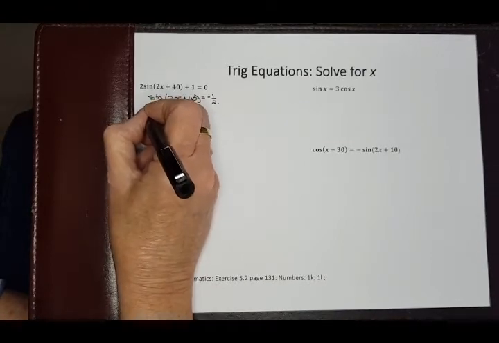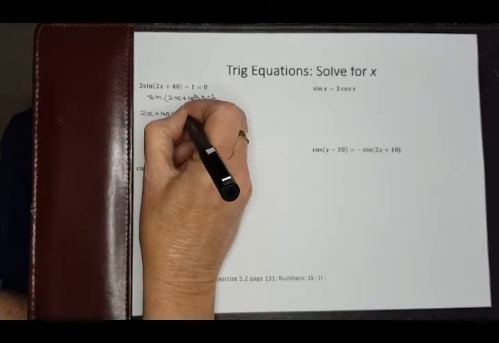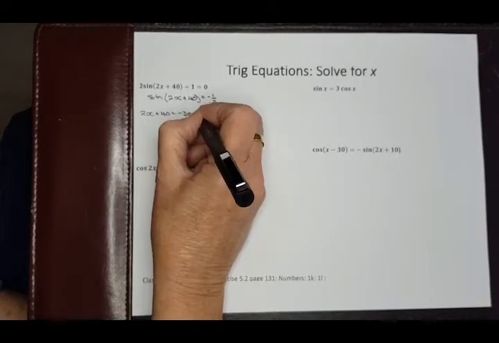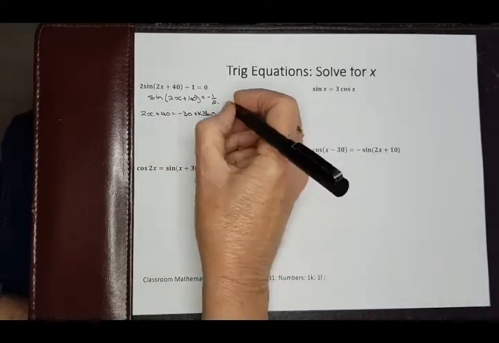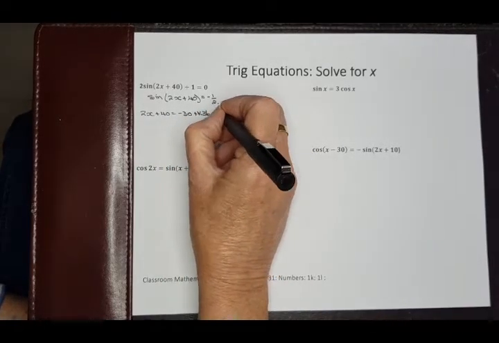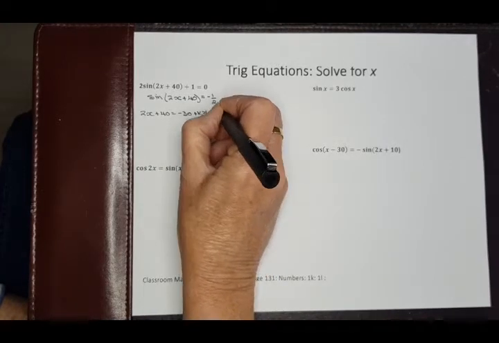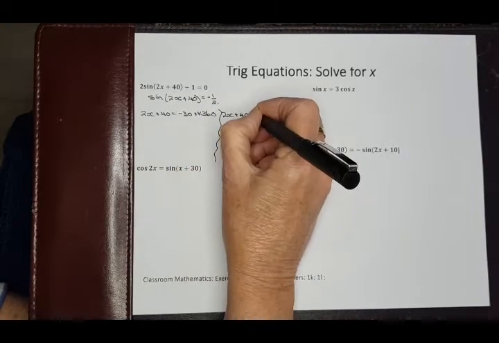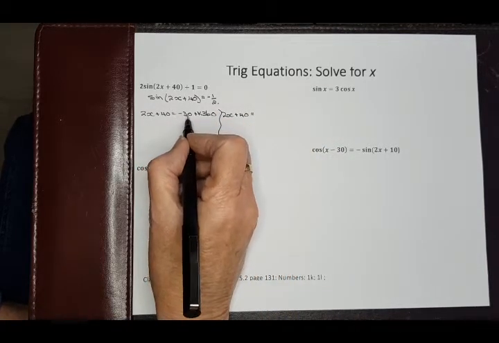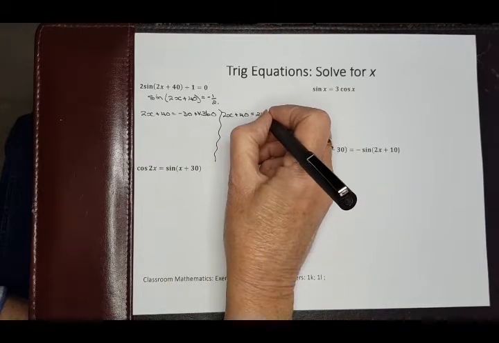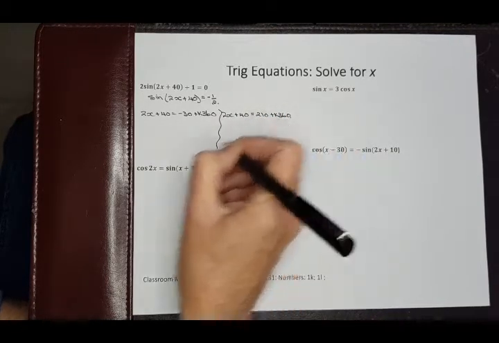So we get that 2x + 40 is equal to -30 + k·360, or we get that 2x + 40 is equal to 180 - 30, 210 + k·360.